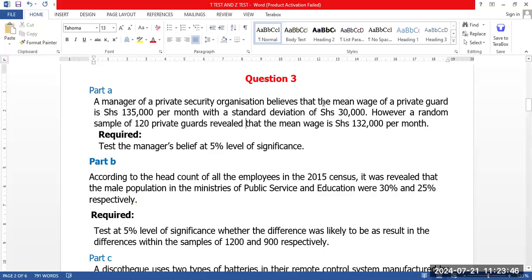Start from here, state what is given. Believe that the mean wage of a private guard is shillings 135,000.